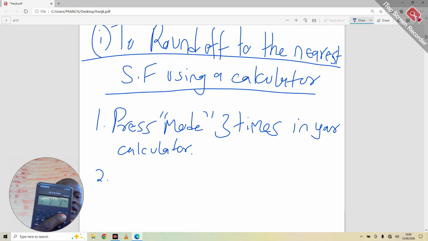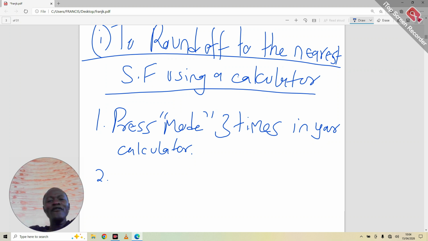After pressing the mode 3 times, it will display something like fixed, sci, or norm. So what do I mean? Right now, I've just deleted everything. So let us press mode together 3 times. 1, 2, 3. That is what I mean. Then it will display fixed, sci, norm. That is 1, 2, 3.